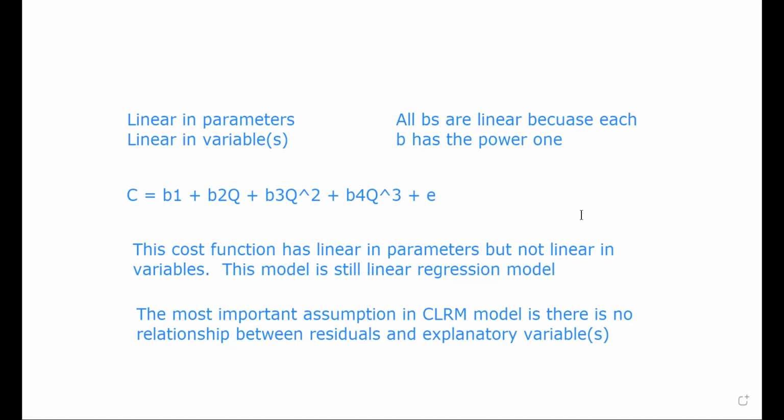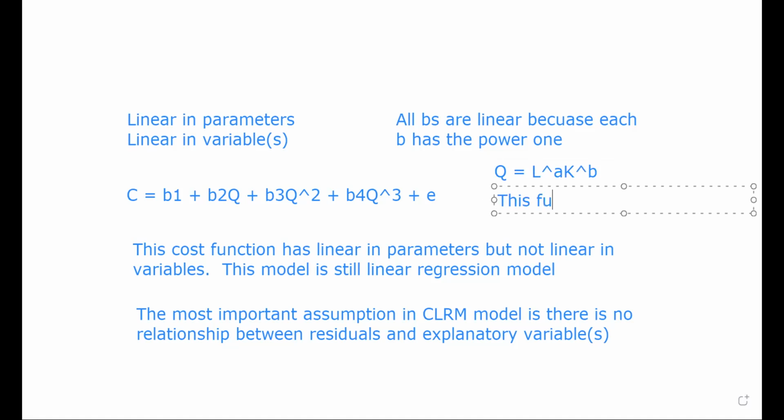For example, we have a production function, Q equals labor to the power alpha and K to the power beta. This is the Cobb-Douglas production function.